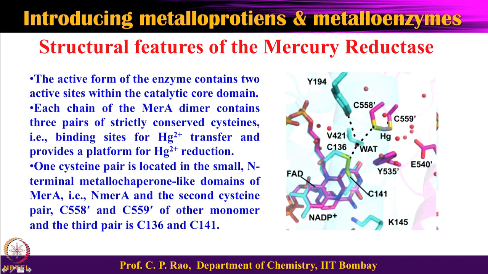Because once it binds, there is a conformational change that will push it across, and then from here the mercury ion further goes to the C 136 to 141 pair. Upon binding the mercury here, there will be some more change in the conformation, and that will project this mercury towards the inside. It allows it to move inside.